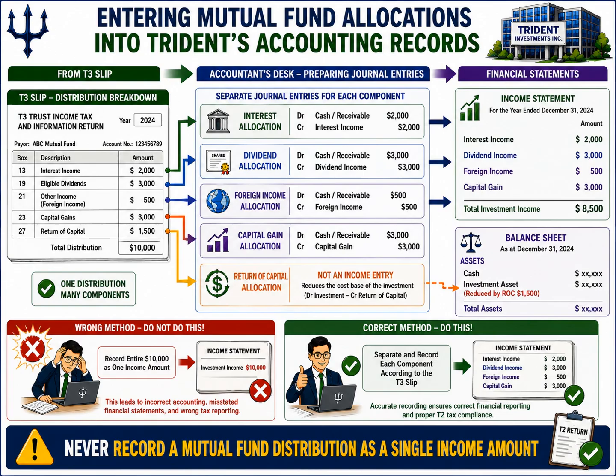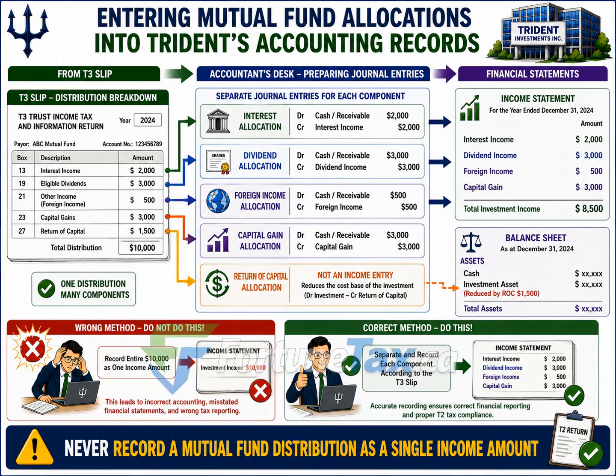Now pay special attention to the return of capital allocation. This is one of the most important concepts in mutual fund accounting. Return of capital is not income. The corporation is not earning new income when return of capital is received. Instead, the mutual fund is effectively giving back a portion of the investor's original investment.